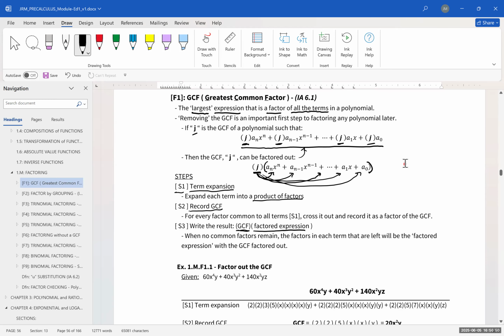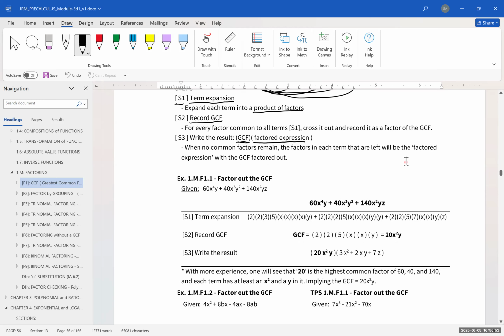So let's look at an example of this, and we'll do a bit of an extreme example because I think the extreme example will demonstrate a little bit more about what the greatest common factor is. Okay, so here's our example. We want to factor out the greatest common factor.